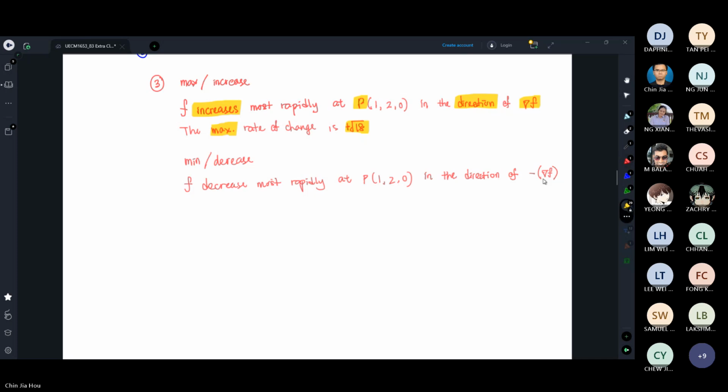As you can see here, from plus, now we have minus. And the max now is min, the minimum rate of change is minus square root of 18. You see everything reverses: decrease, minus, and min. These are the changes when you have different cases. So read the question carefully, and you will know whether you need to write the max statement or the min statement.